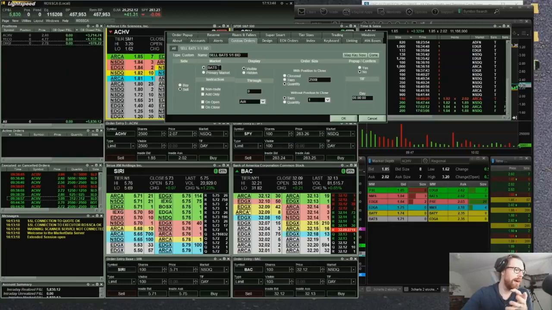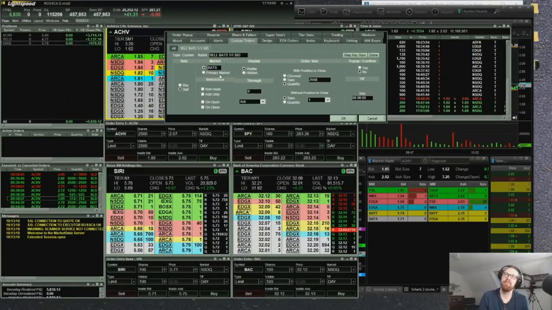And so since then, I've just been using BATS as my route for the most part. Now I use NASDAQ on the order entry window here, and I haven't had any problem with that. So I don't know, maybe it was just a passing thing, but really for the most part, I'm pretty agnostic when it comes to market makers. I don't really care. I'll use any one. It doesn't make a big difference for me.